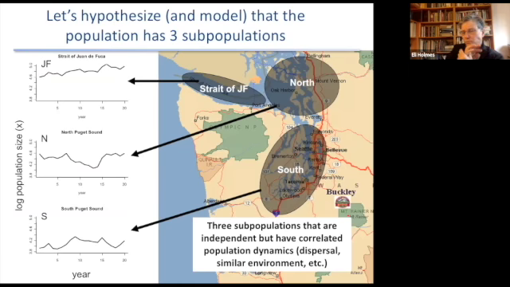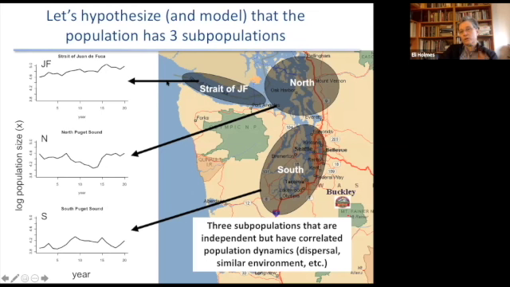And so if we were sitting in our office, we've got a whiteboard there, we're trying to think about, okay, how are we going to analyze these data? And so we're talking with the population biologist there, and they said, well, what we think is going on there is that there's a subpopulation that's kind of independent in the north, there's a subpopulation in the south, and there's another subpopulation in the Strait of Juan de Fuca.